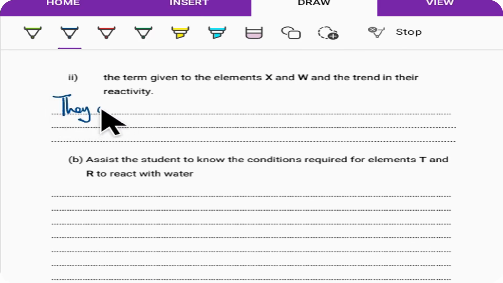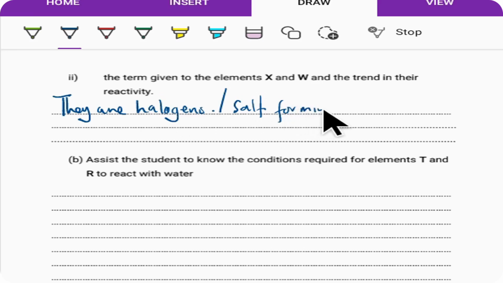They are halogens. Or somebody can say salt forming elements.